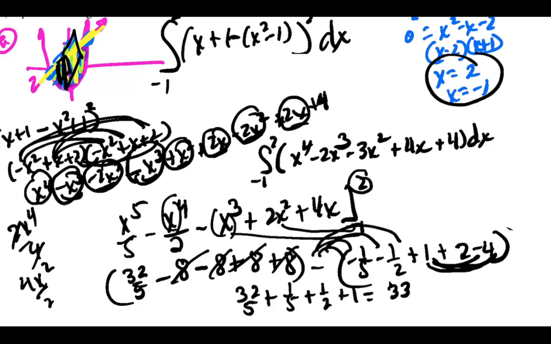So I have 33/5. This is 5/10. I need it over 5, I'm sorry. So we'll get it all over 10 in a minute. We'll call this one 3/2. All right, so 10.